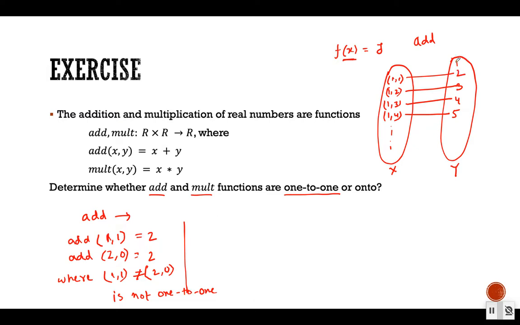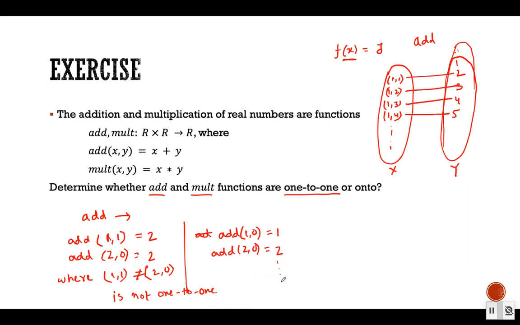All right, now is it onto? In the output we have the set of real numbers, so the function will be onto if every output is possible, meaning I can generate every output from the input set. For addition, every output is possible. For example, add (1, 0) will generate 1, add (2, 0) will generate 2.